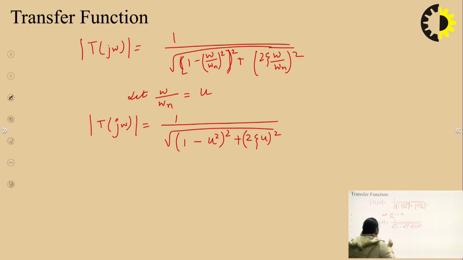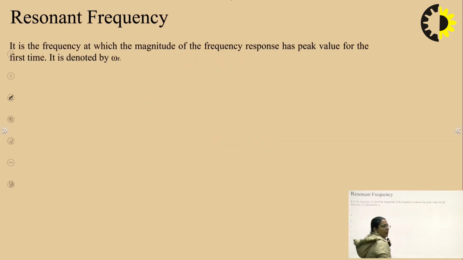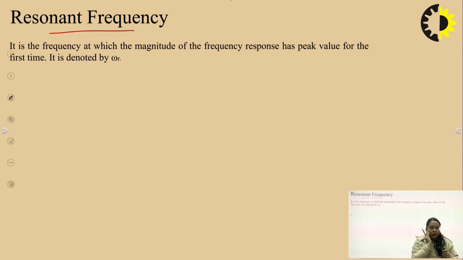So this is the transfer function for the second order closed loop control system in terms of frequency response. This is the magnitude of the transfer function, right? Now I'm talking about the resonant frequency, right? Resonant frequency is the frequency at which the magnitude has the peak value, right, for the first time.